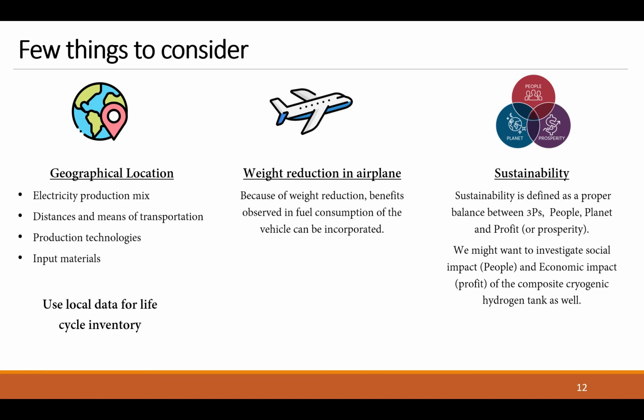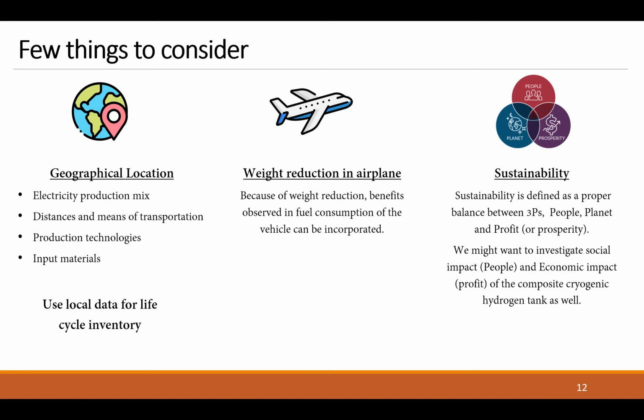Some other things which we should be aware of, or which we might want to consider while doing LCA. One of them is geographical location. I won't say might want to, here we should consider it, we have to consider it. So what happens when we change the geographical location around the world? A lot of things change. One of them is the electricity production mix. Different countries use different techniques to generate electricity.